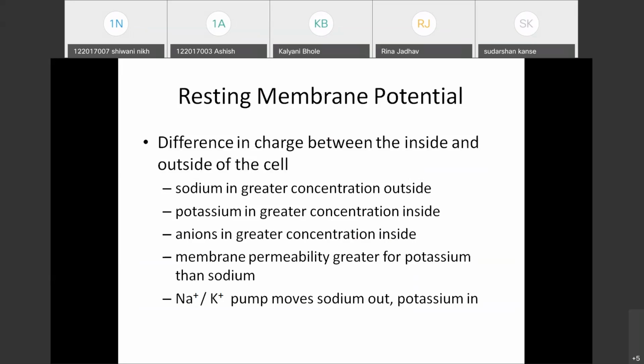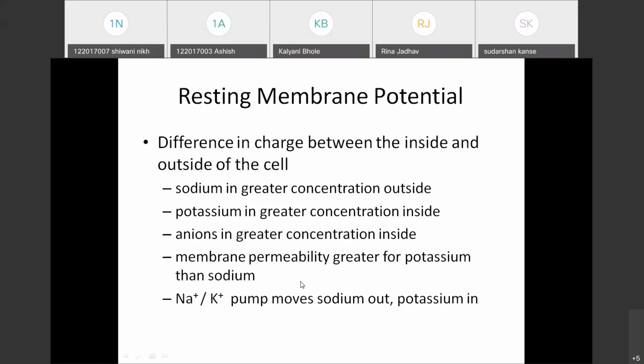So instead of saying chlorine, here only anion is used. Sodium has a greater concentration outside, potassium has a greater concentration inside, and anions also have a greater concentration inside.